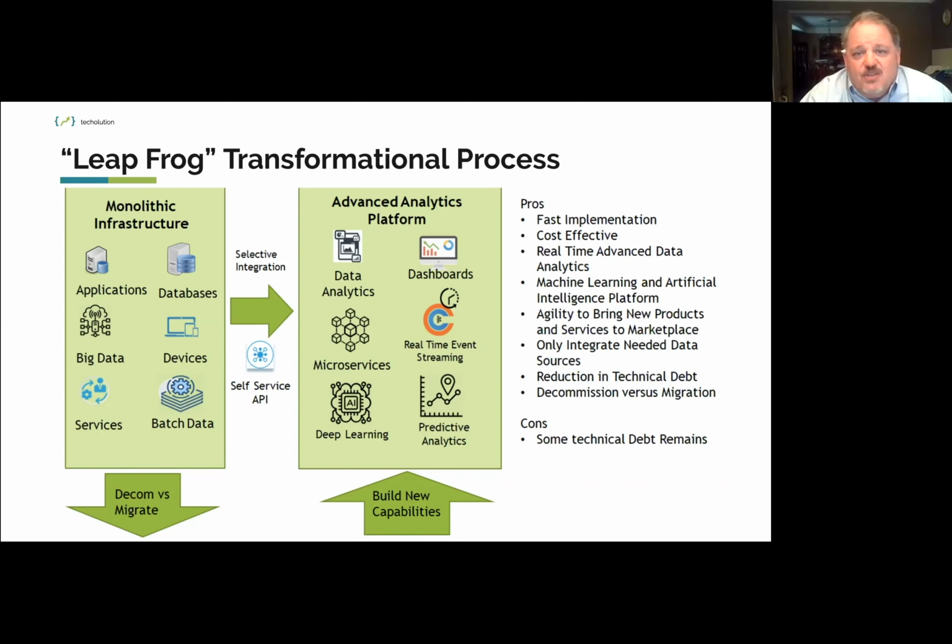What a leapfrog transformation process is simply this. You go out and immediately build a new advanced analytics platform. You can get these platforms built. You can hire a firm that specializes in this, like Techolution, for example, that has this expertise. They can build these environments in months at a fraction of the cost it would take you to even think about building something internally.